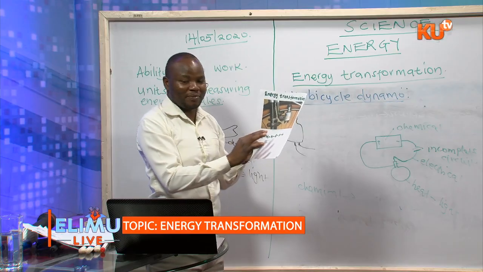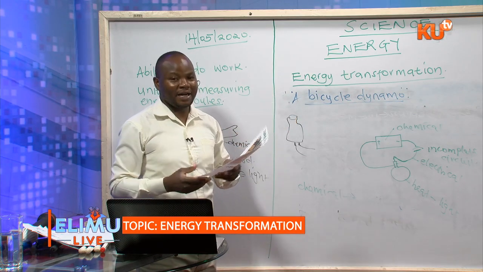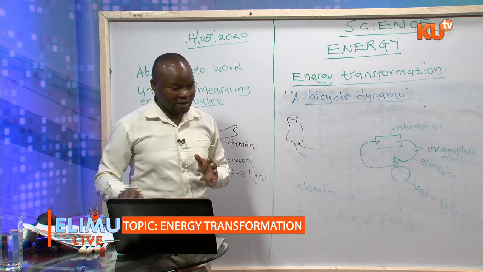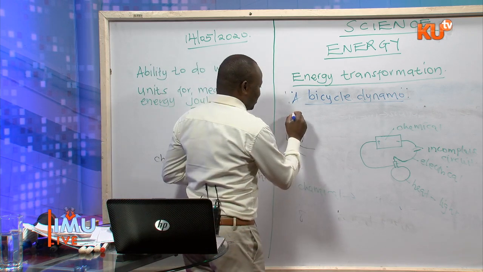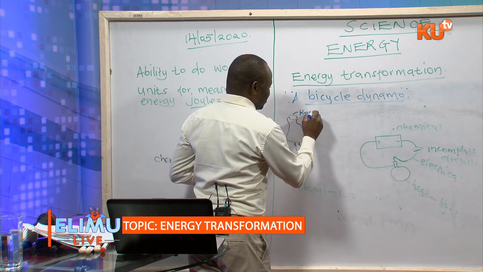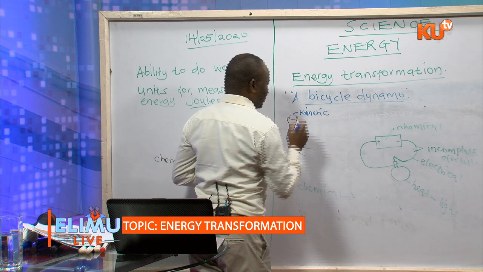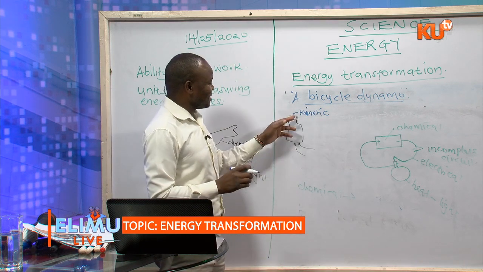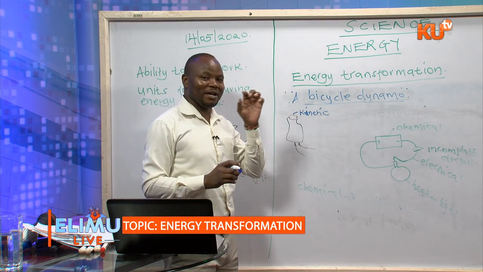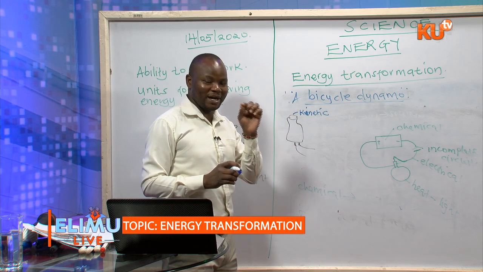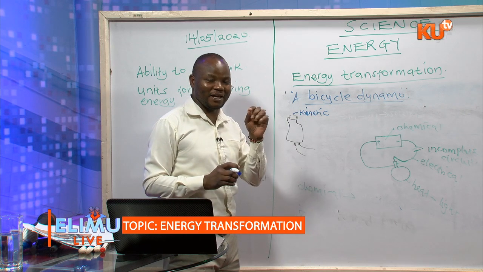This is something you are supposed to know and state as the energy transformation in a bicycle dynamo. It starts with kinetic. Where is this kinetic? Kinetic is the rotation of the wheel.